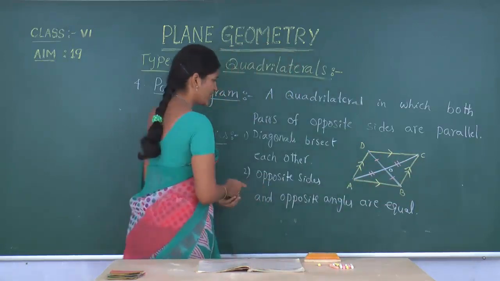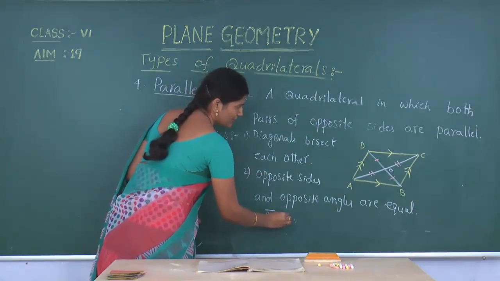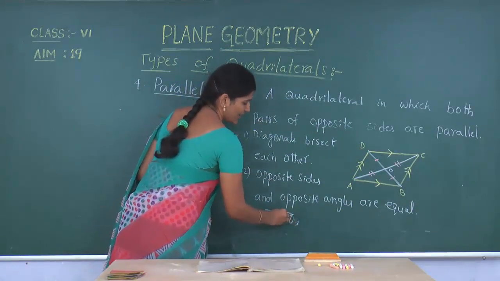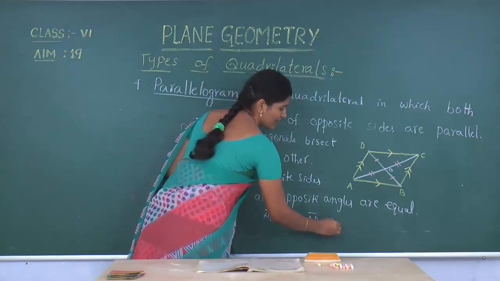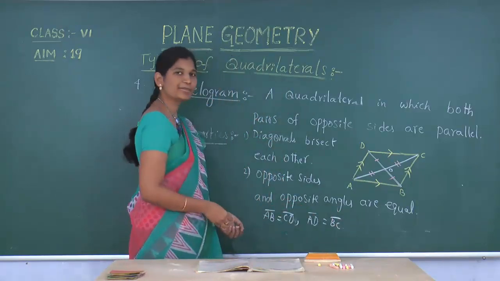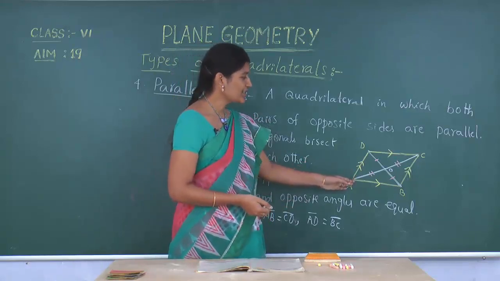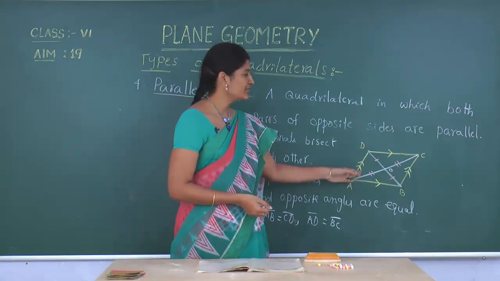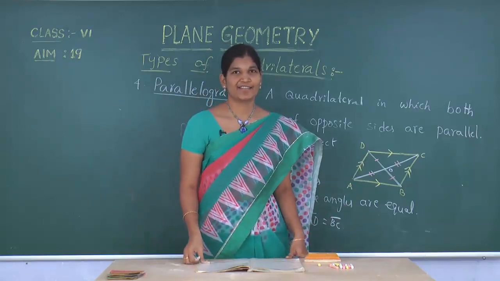We can write that also: AB equals CD, AD equals BC. And here we can say each diagonal of the parallelogram divides the parallelogram into two triangles.